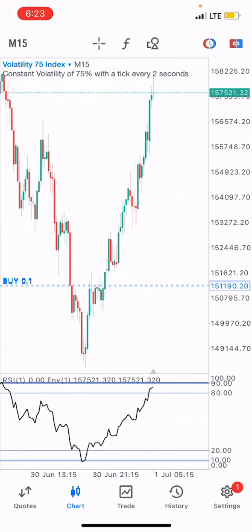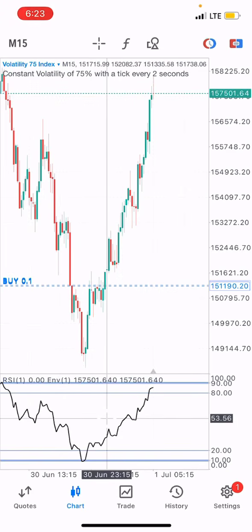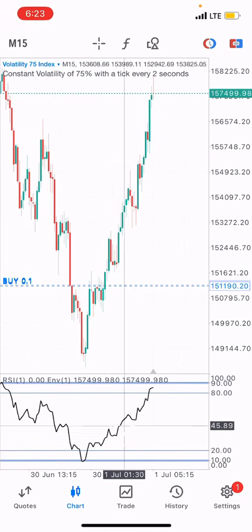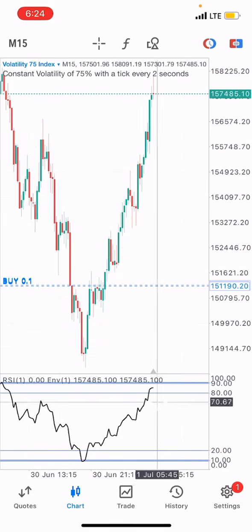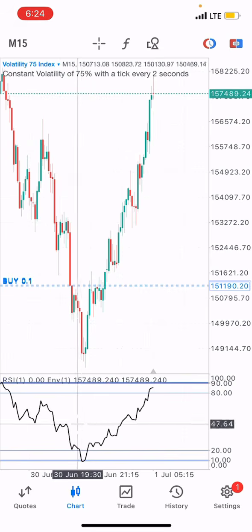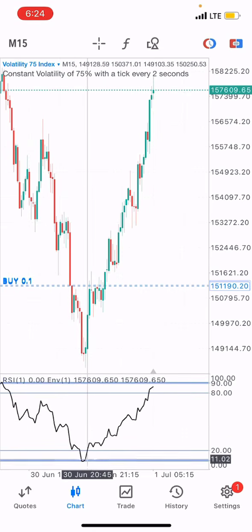Then how do you use this strategy? It's basically a buy and sell market. We all know that. So we have our RSI levels here, 10, 20, 80, 90. The moment our envelope comes all the way down to the 10 level, we should know that the market is actually in the oversold region and is about to start buying.